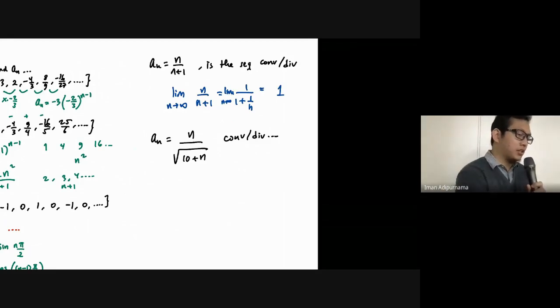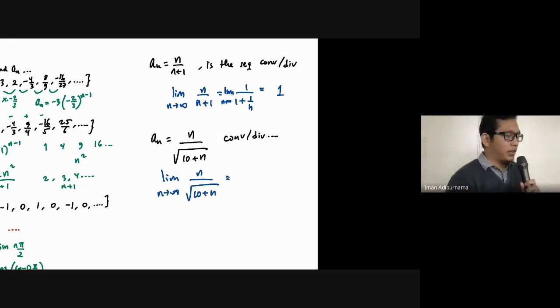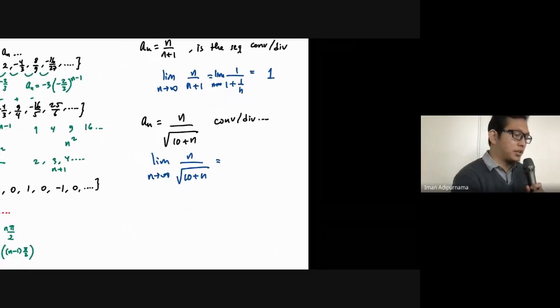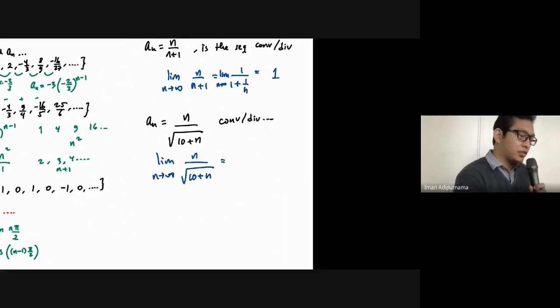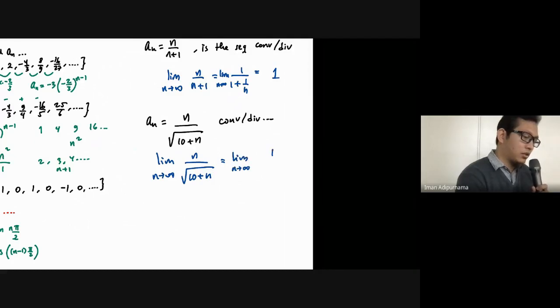The same thing you can do is write the limit and then solve, and divide by the biggest terms in the limit. Okay, so divide by n, it will be 1, and then this will be divided by n squared.